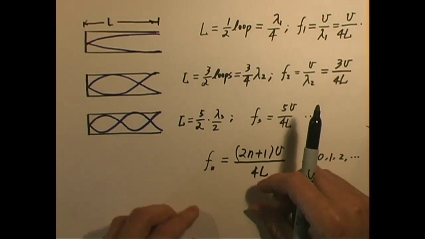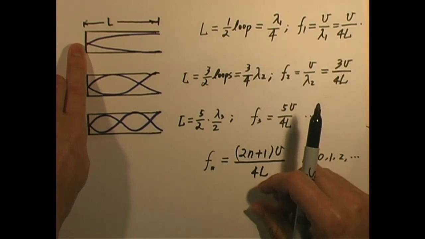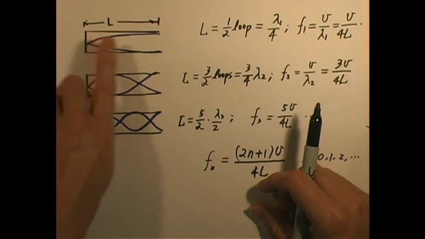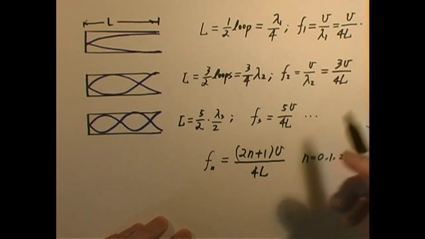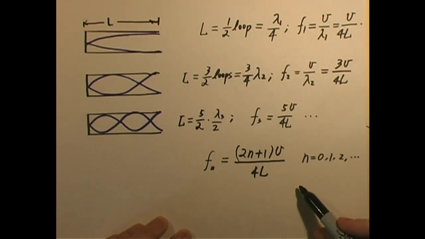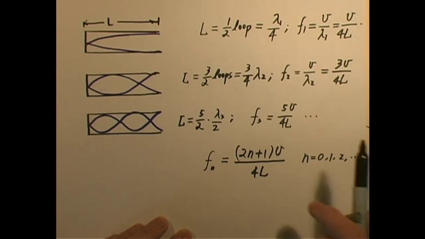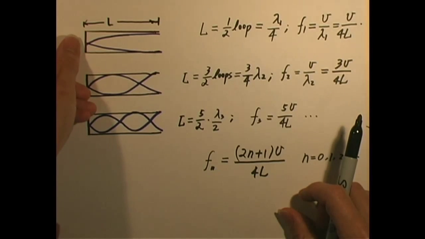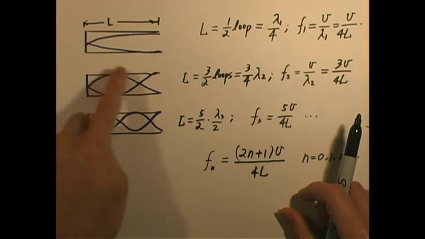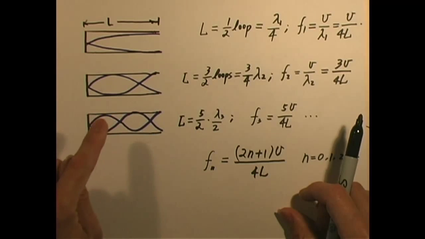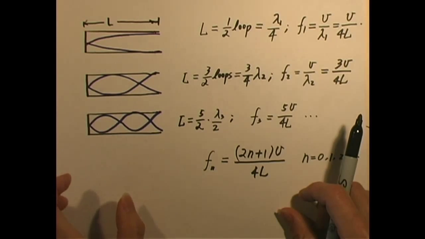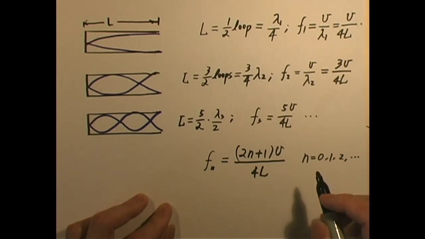Again, the key here is to make sure you know the closed end is a node and the open end is an antinode. You don't have to remember those formulas mechanically. All you need to do is to understand what happens at the boundary, closed end, open end. Then you can just start to draw these pictures, right? And then you get a whole bunch of loops, and each loop is half a wavelength. That allows you to figure out the wavelengths, and once you know the wavelengths, you can go ahead and figure out the corresponding frequency.